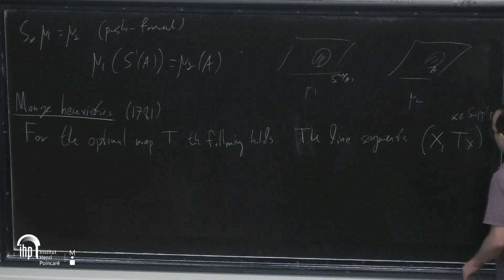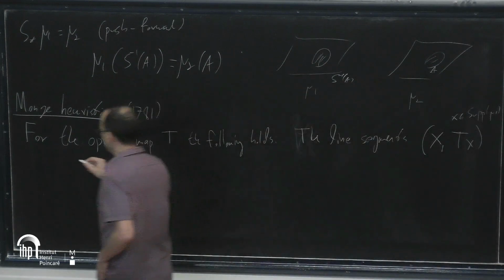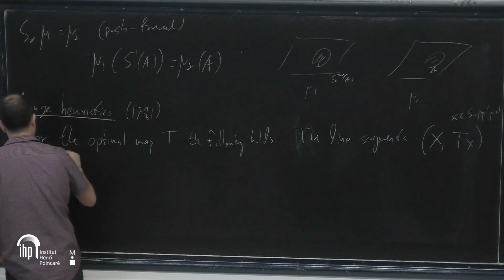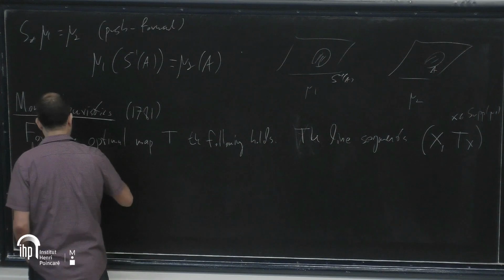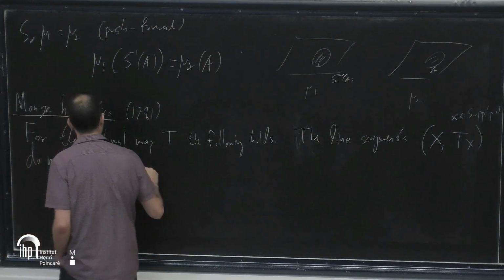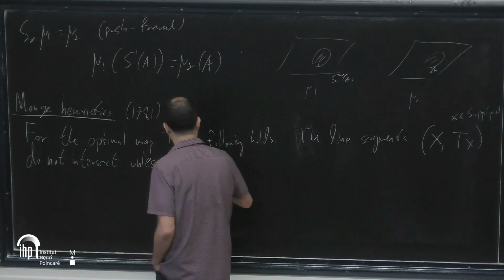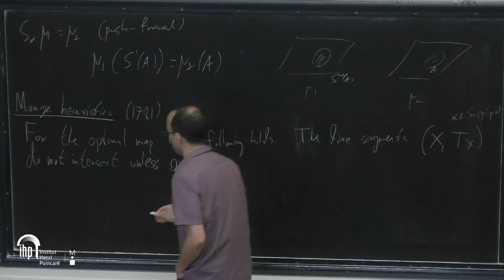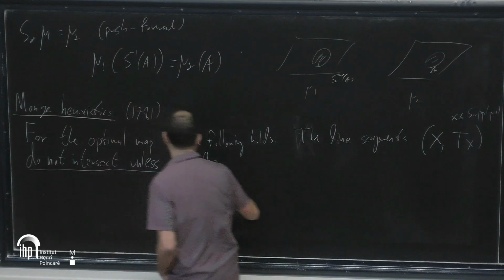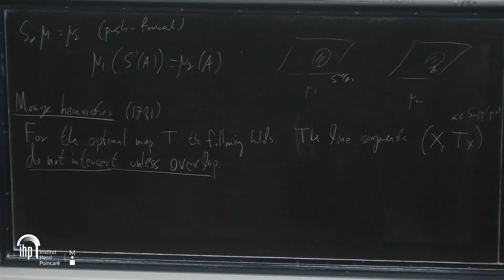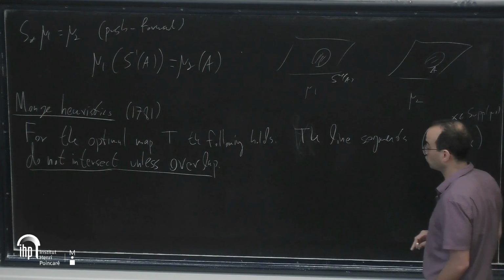If you look at all these line segments, they do not intersect unless they overlap. Okay, so that's the quite remarkable property of the optimal transport with the Monge cost.